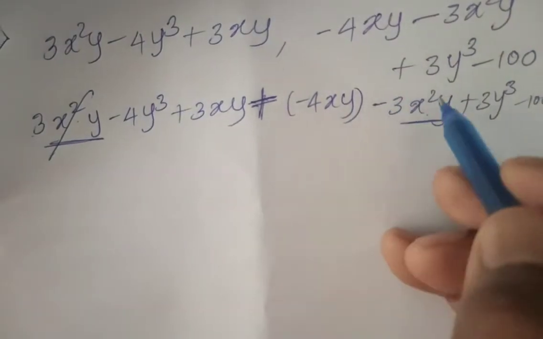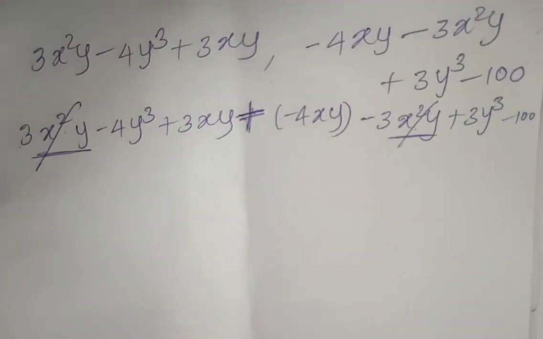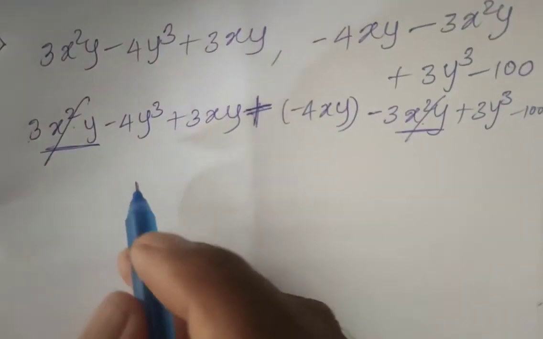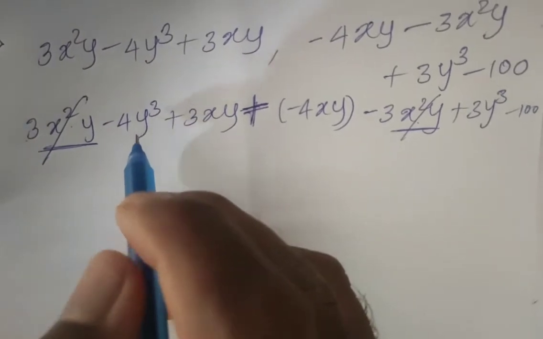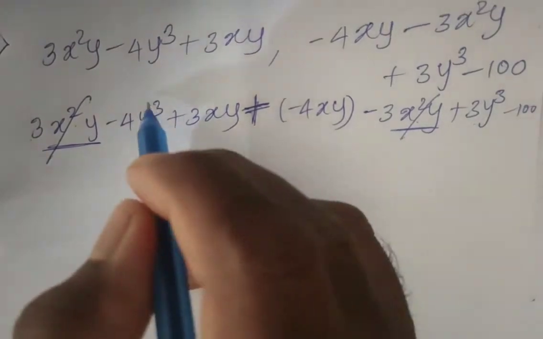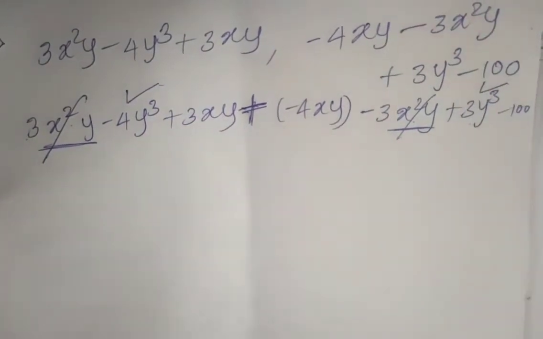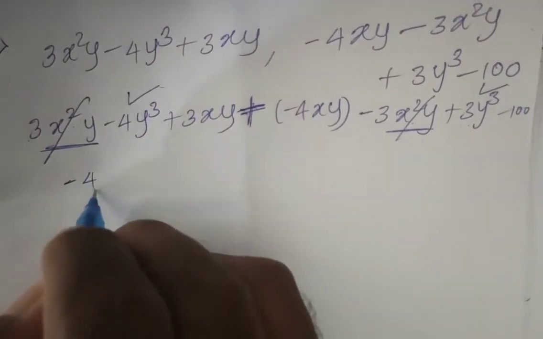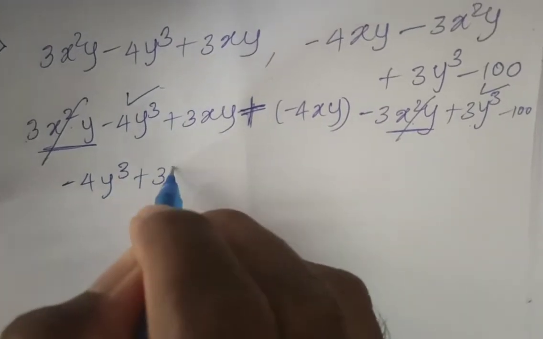Now one more, y cube is there, minus 4y cube and 3y cube. These two are like terms. So first you write these two, minus 4y cube plus 3y cube.